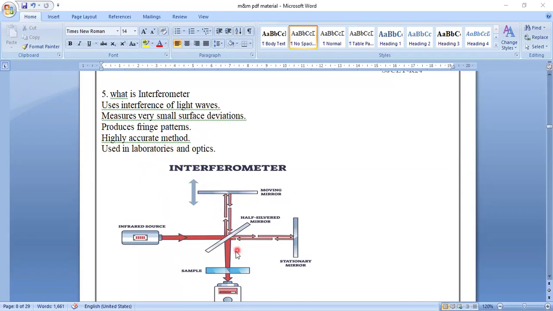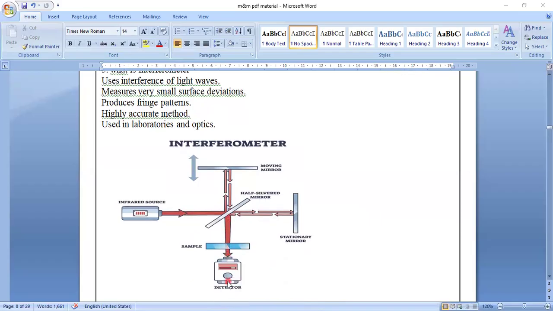In the interferometer, you can see infrared light coming here. There is a silver plate kept at an inclined position. The infrared light hits this surface and travels to a stationary mirror kept here, then goes to the moving mirror, and comes back to the silver plate.